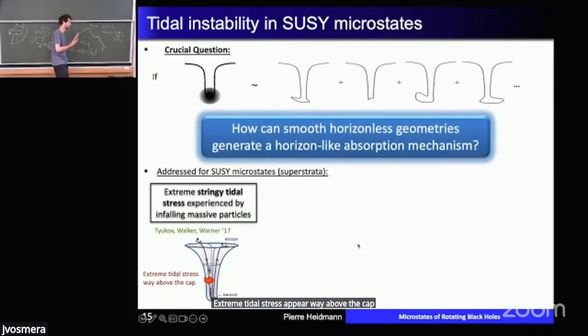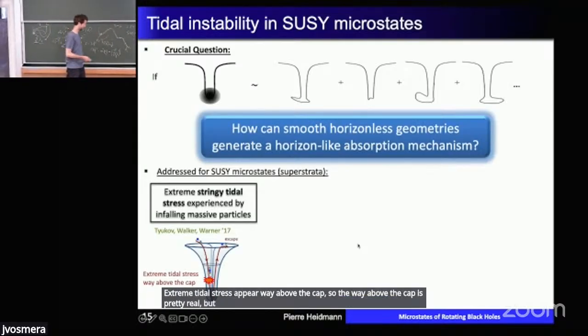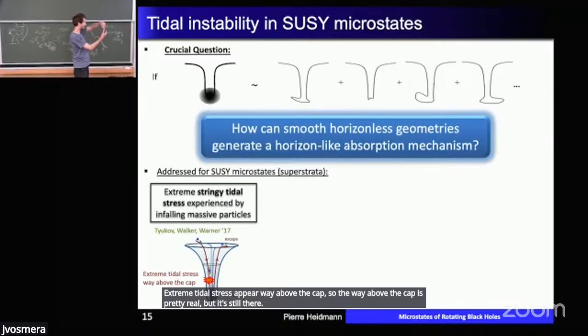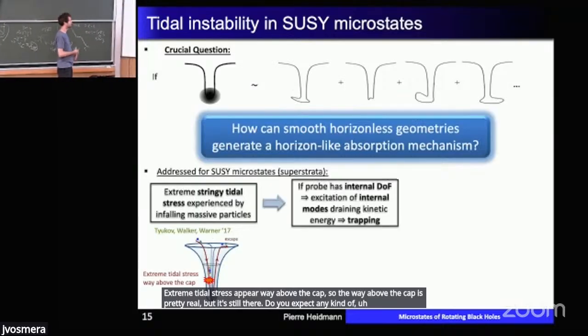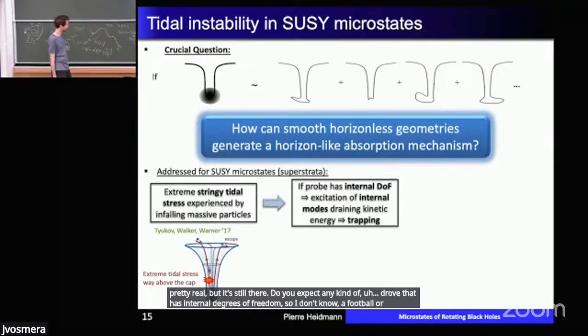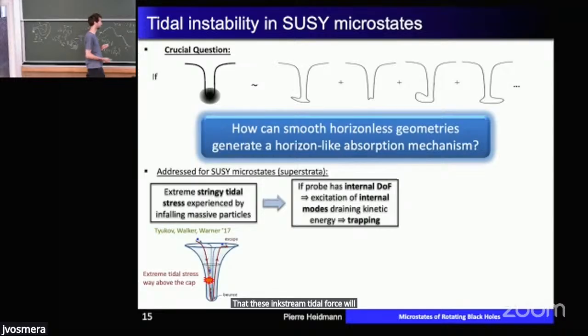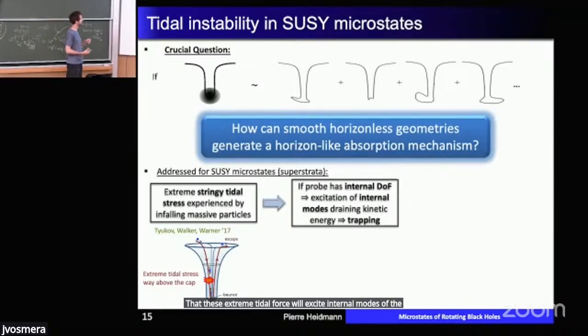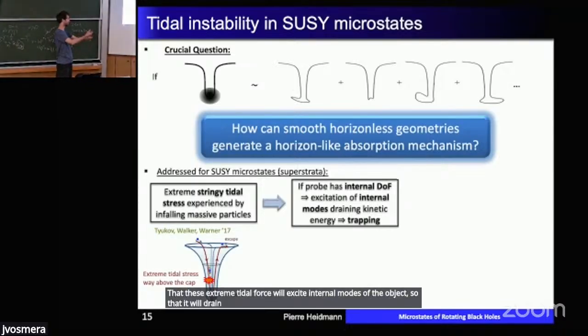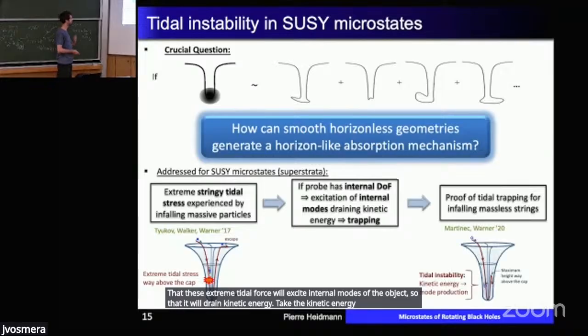Way above the cap is pretty weird, but it's still there. For any probe that has internal degrees of freedom, say a football or a string, this extreme tidal force will excite internal modes of the object so that it drains the kinetic energy of the object, so you would expect a trapping.